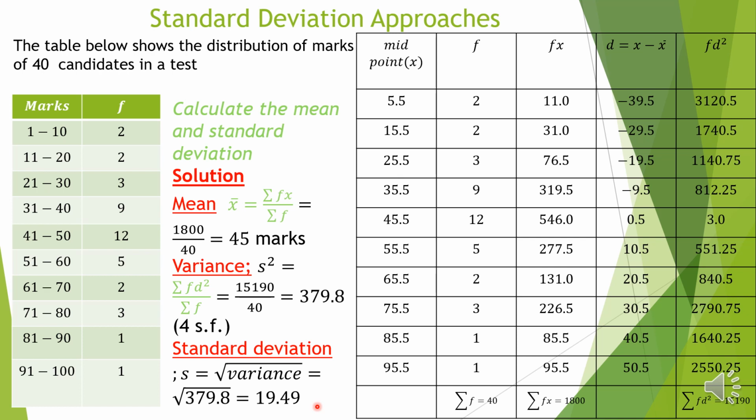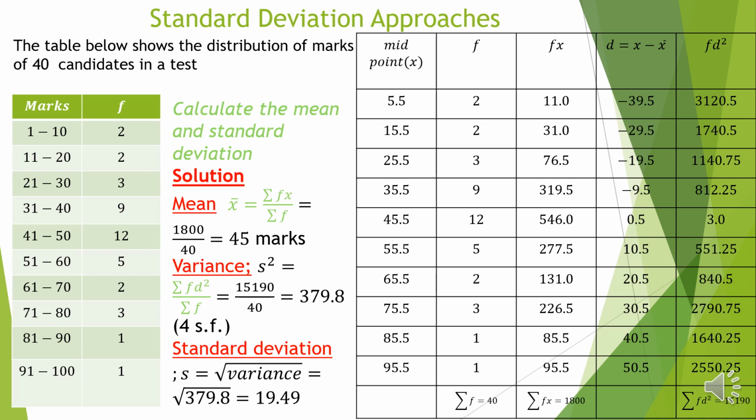So there's a point I need you to understand here. Realize that with bigger numbers like these, there's a possibility of an error being committed because the numbers are too large, dealing with up to 15,190.